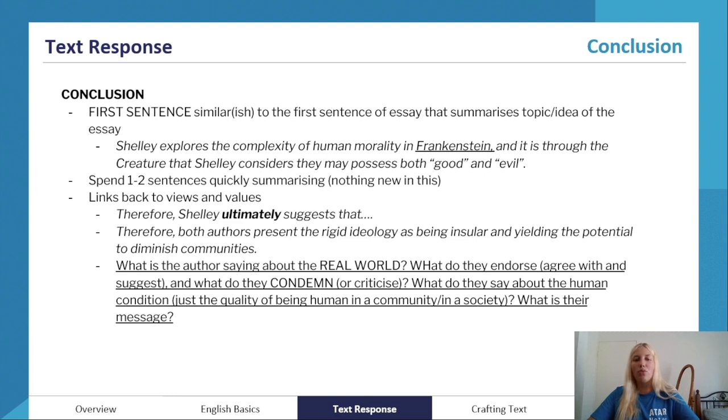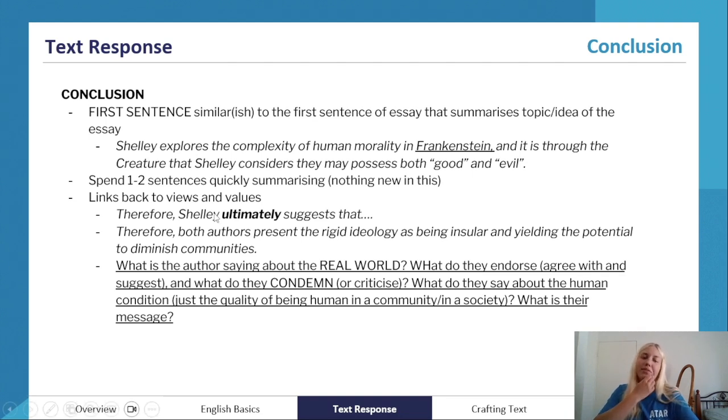Now, you can spend more time, 1 to 2 sentences, summarizing your idea for the essay. And then you should close with your most mic drop, impactful views and values message. If it's a theme, basically, what do you think is the key idea of the author for that theme? Put that most impressive idea there at the bottom.